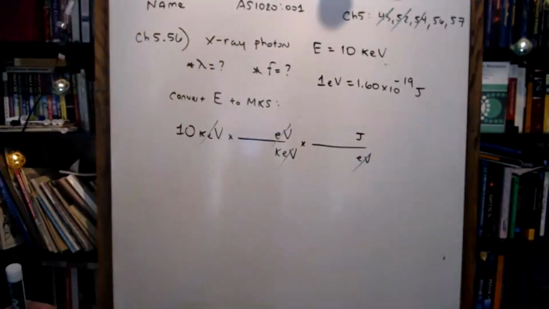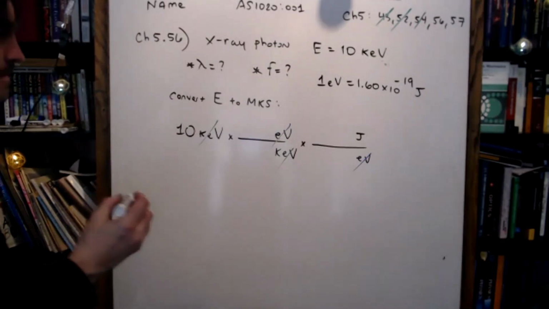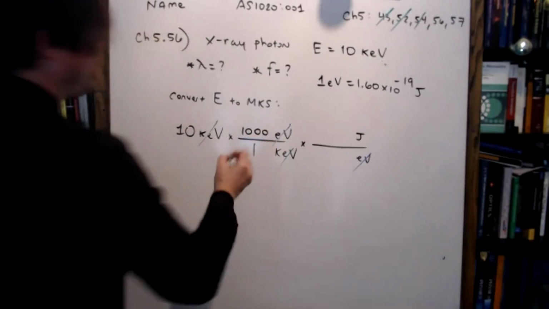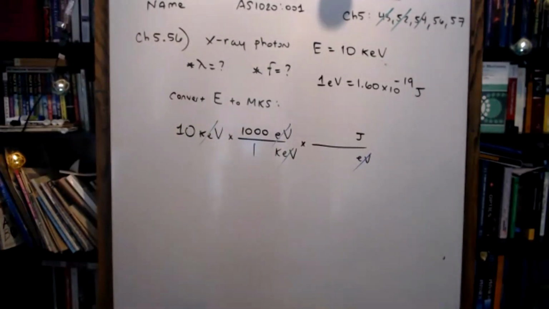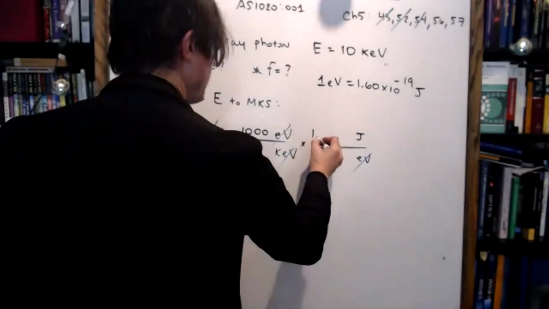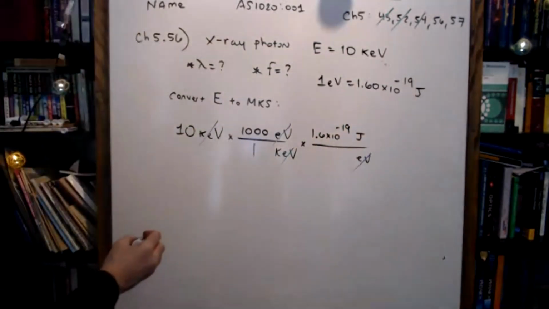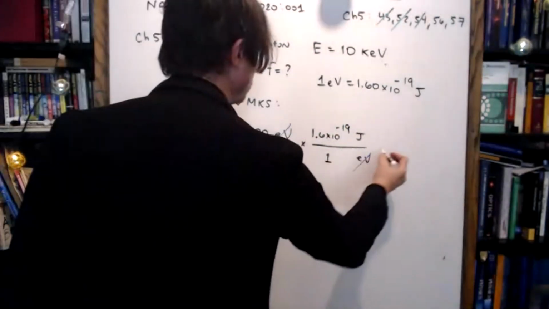Okay, tell me the numbers to put in. For the first bar, you would put 1,000 on top and 1 on the bottom. Right, because a kilo is always 1,000. Yep, and then on the second one, it's going to be 1.6 times 10 to the negative 19th joules, and then on the bottom, you're going to have 1 EV.